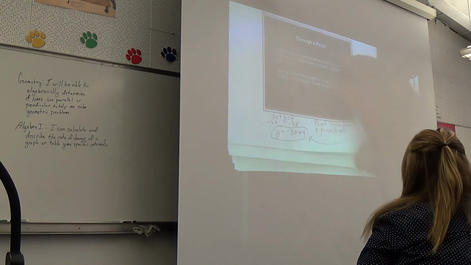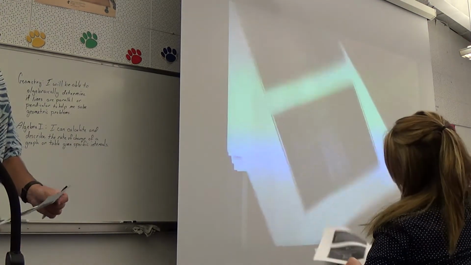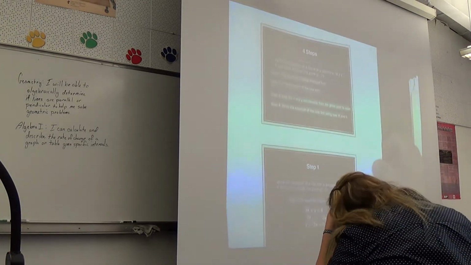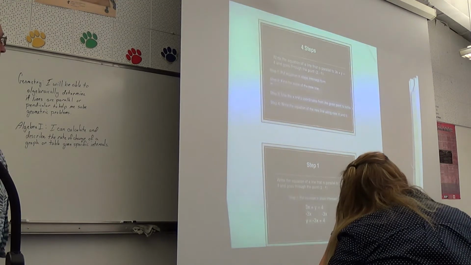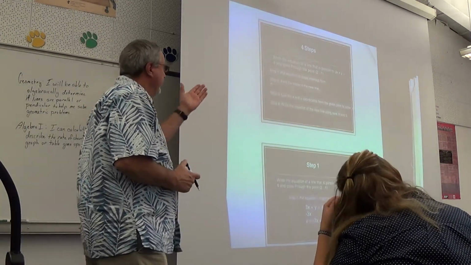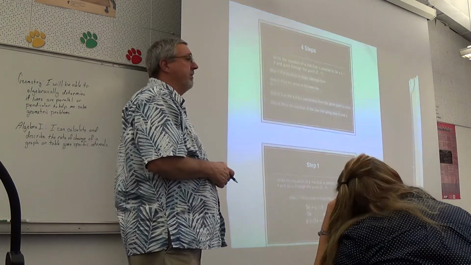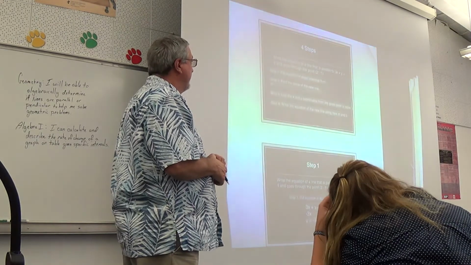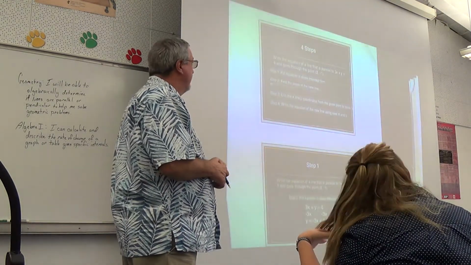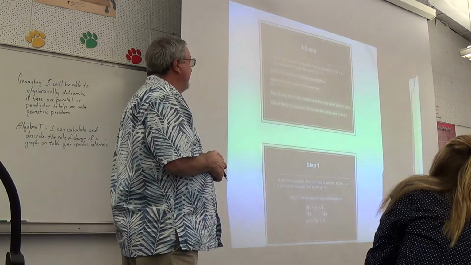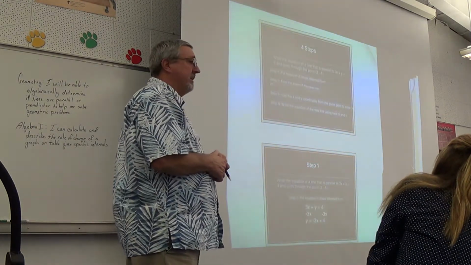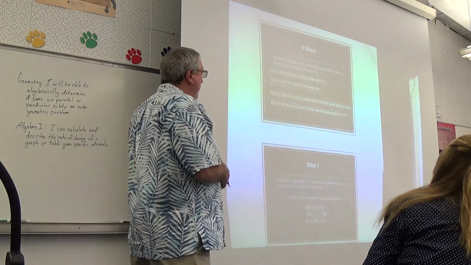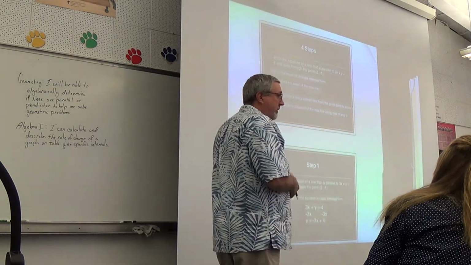So if you turn your page, here are the steps in order to do that. Step 1, you've got to put the equation in slope-intercept form, which is what we did. Step 2, you're going to find the slope of the new line, which is what we did. Step 3, we're going to use the x and y coordinates from the given point to help us solve it by putting in that point slope formula. And then step 4, we're just simplifying that new equation.